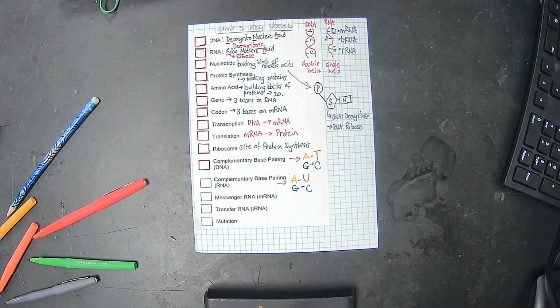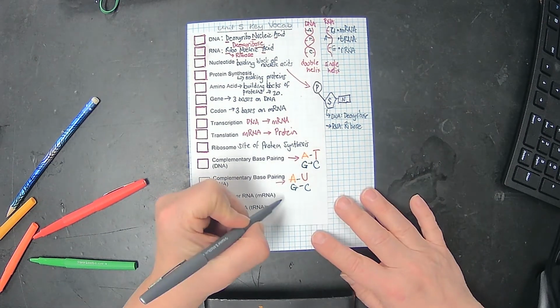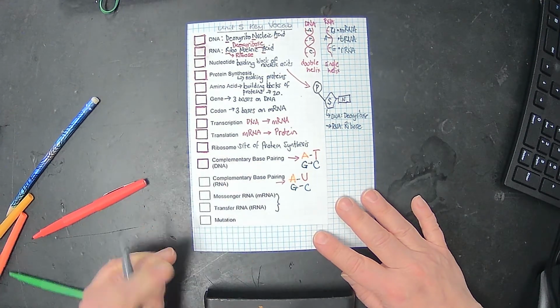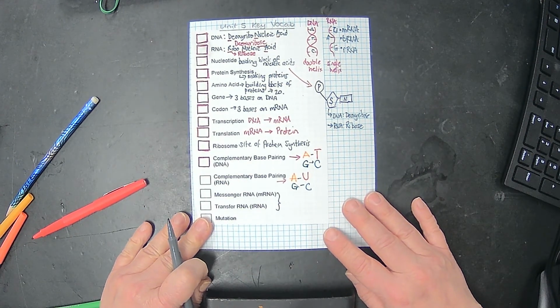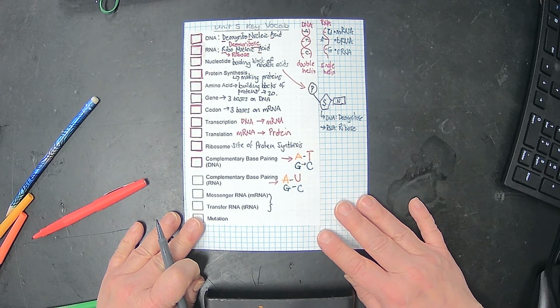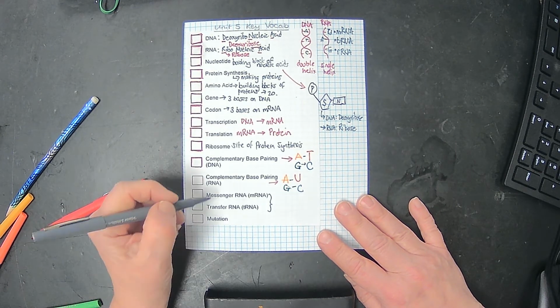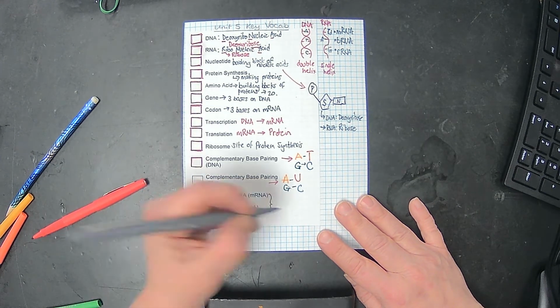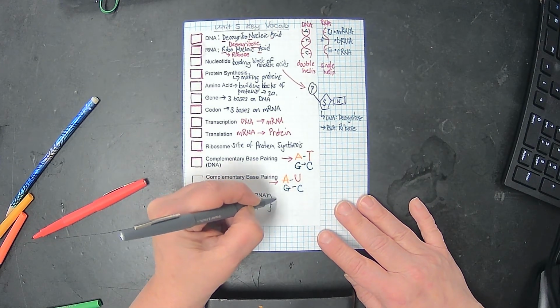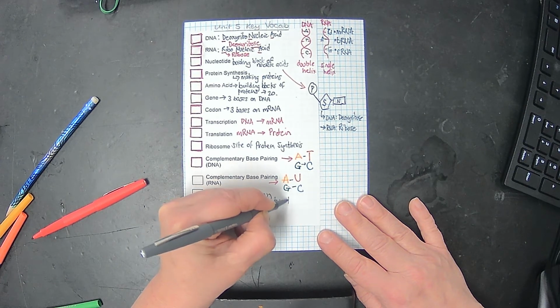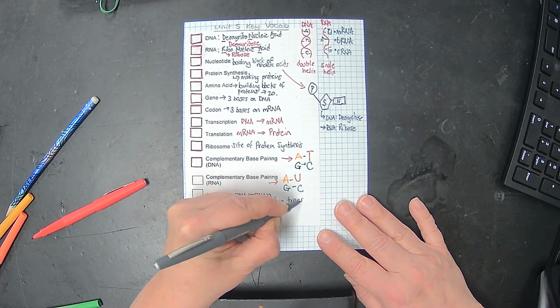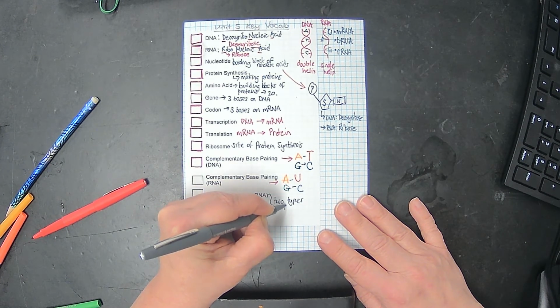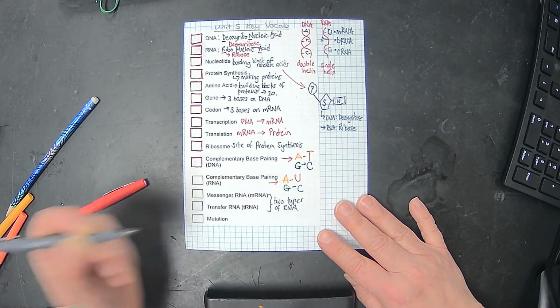Okay, next, and just to finish up here, messenger RNA, I'm not going to go into great detail on this. When we actually get on to the whole bit about how we make proteins, messenger RNA is mRNA, transfer RNA is tRNA, and these are two types of RNA, and they've each got a job.